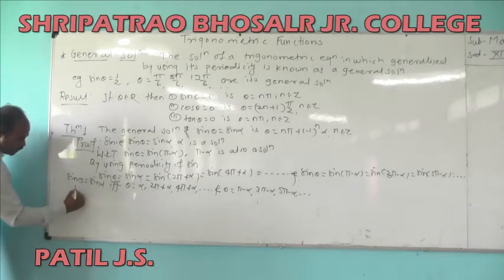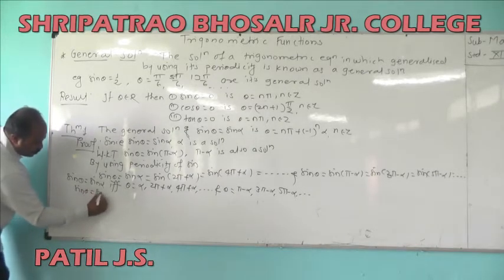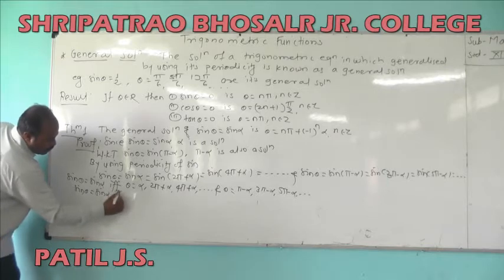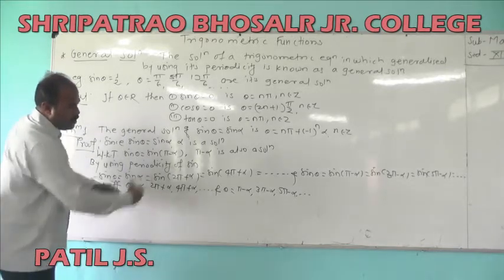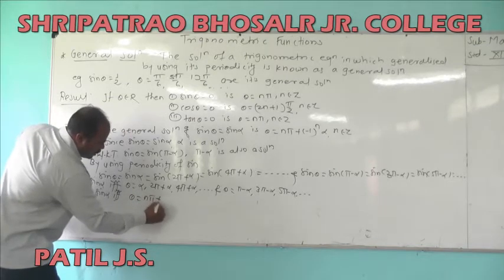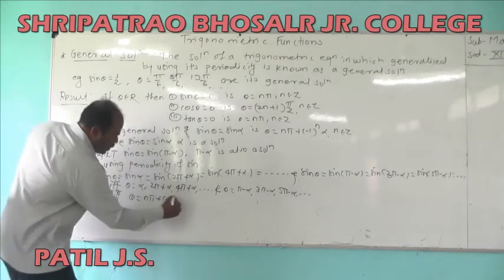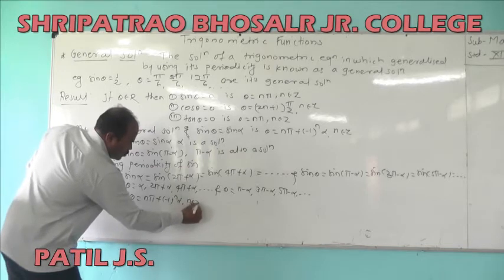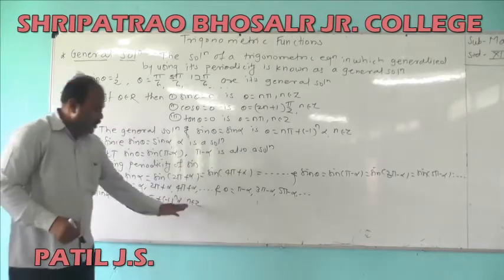Combining both these cases, theta is equal to n pi plus (minus 1) raised to n into alpha, n belongs to Z, the set of integers.